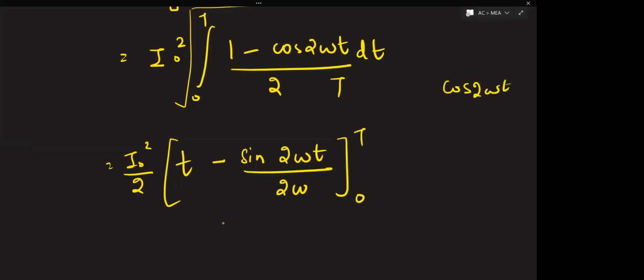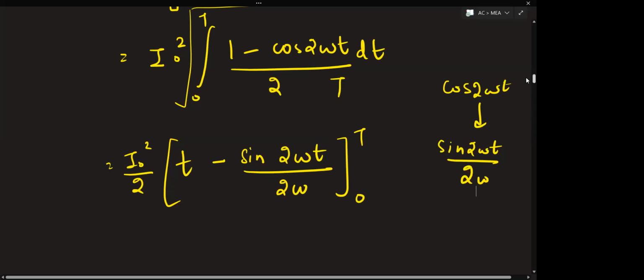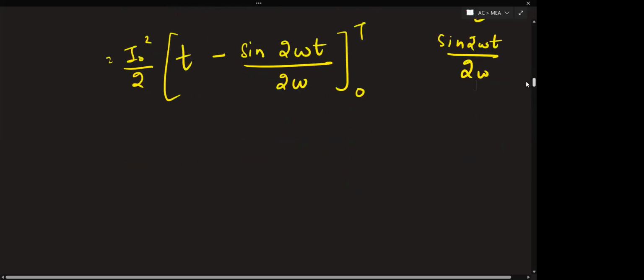Leave this T and the root right now. First find out the value of the square mean value, then you can put it under the root.